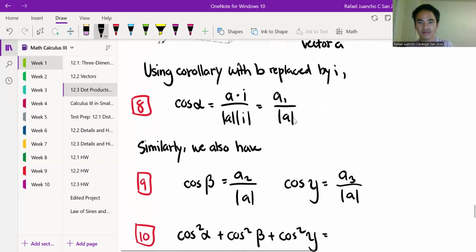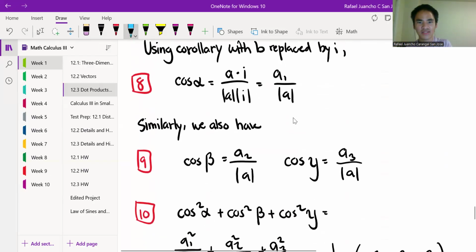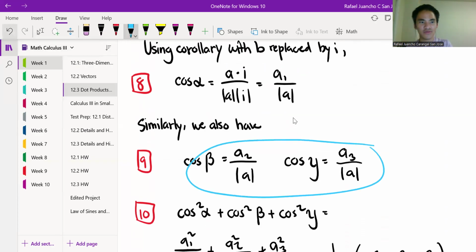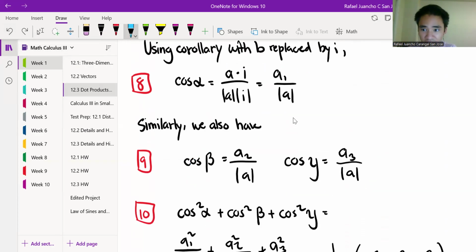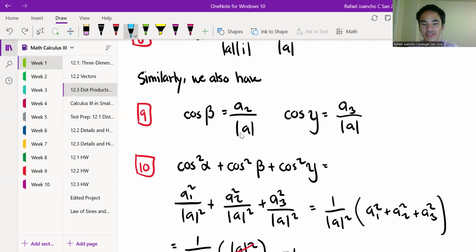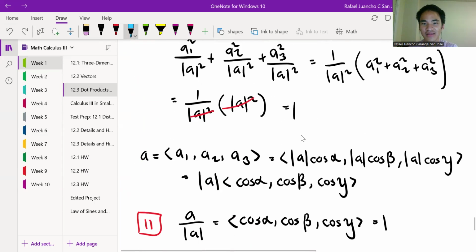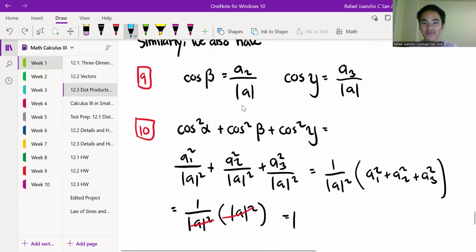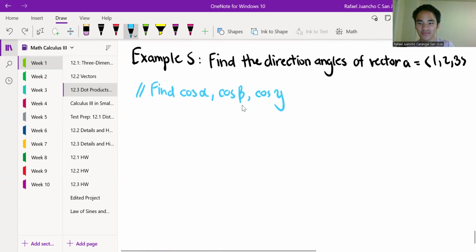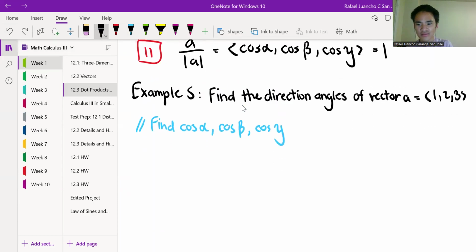And it's this thing. These guys here. That's what we can use, right? We already know A1, A2, A3. That's 1, 2, 3. Now we just need the length. And then once we divide them, then that's it, right?